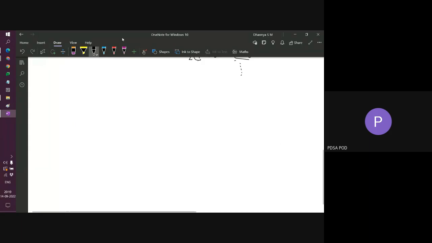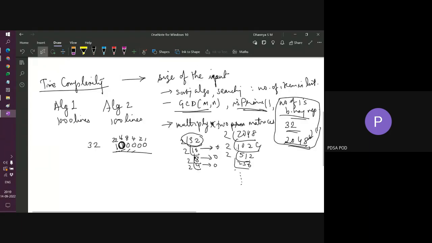So the other example I just wrote is if you want to multiply two matrices, then the number of rows and columns is the input. That's the size of the input, right? That is what is going to decide the number of iterations and hence the complexity. Because you have to multiply the first element of the first row of the first matrix with the first element of the first column of the second matrix, plus the second element of the first row, and so on.